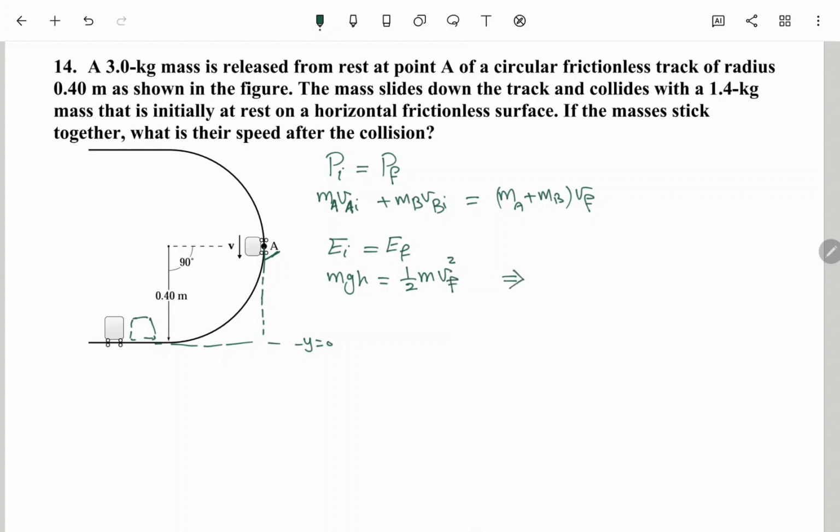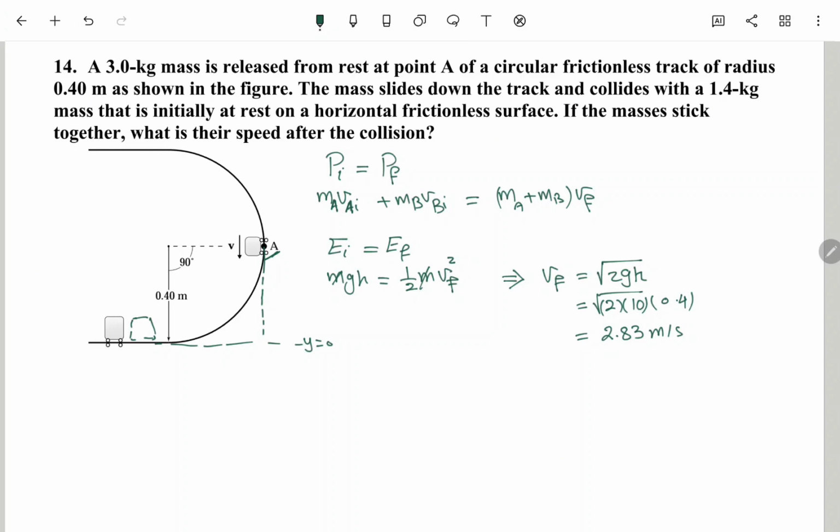With mass with mass, so v final before the collision is equal to, in this case, the square root of 2gh, or square root of 2 times 10, and h in this case is 0.4, so v will be equal to 2.83 meters per second.